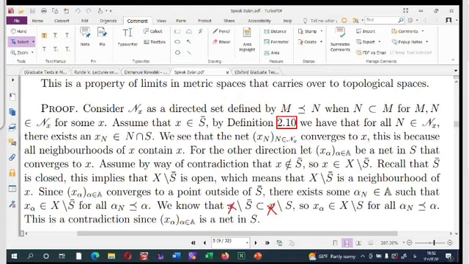And we know that this x must be in capital X minus S bar.